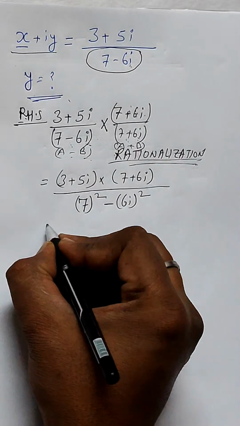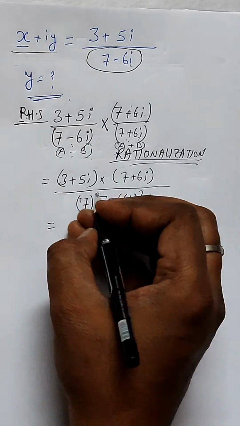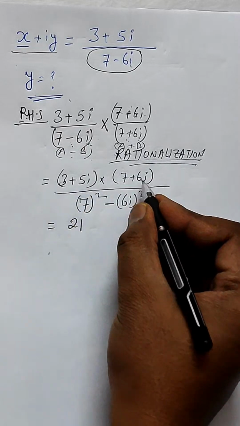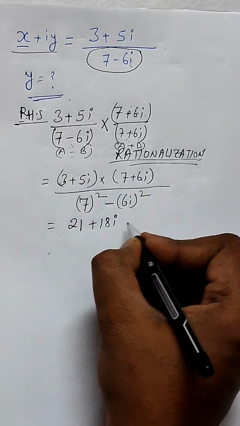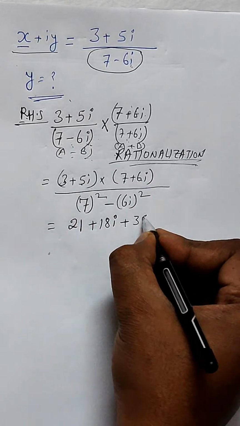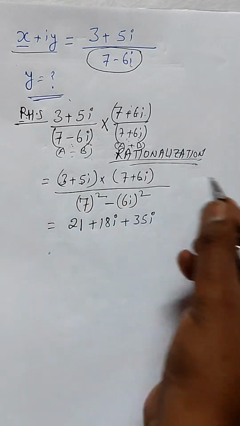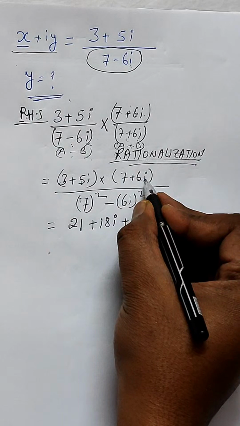Now just multiply and open the brackets in the numerator. So 3 multiplied by 7 will be 21. 3 multiplied by 6i will be 18i. 5i multiplied by 7 will be 35i. And 5i multiplied by 6i: 5 into 6 will be 30, and i into i will be minus 1.